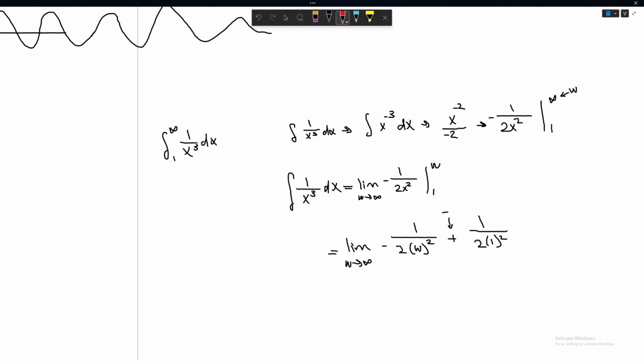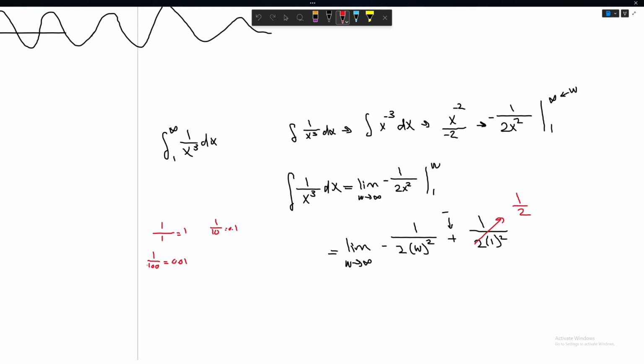And so this goes to 1 over 2, and what does the other term go to? As my denominator goes to infinity, if you do 1 divided by 1, you get 1. 1 divided by 10, you get 0.1. And 1 divided by 100, you get 0.01.